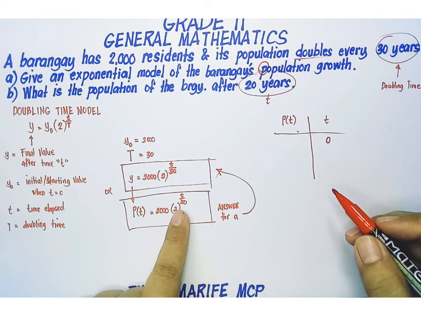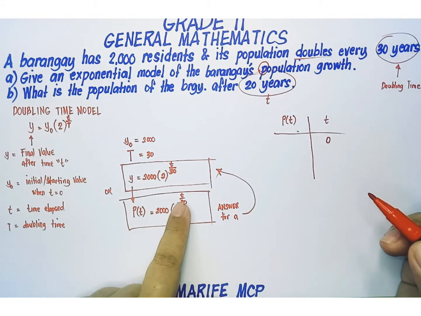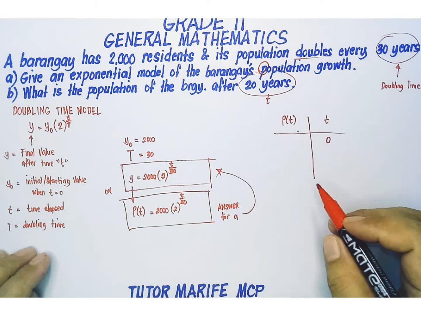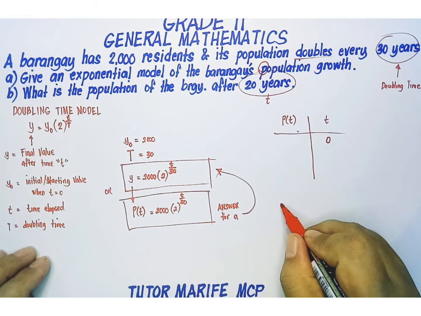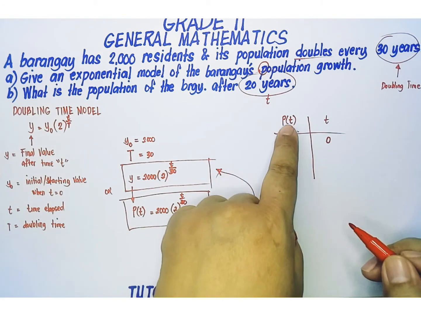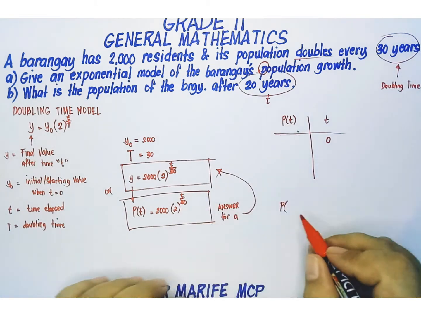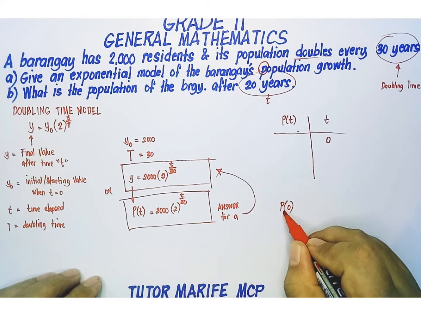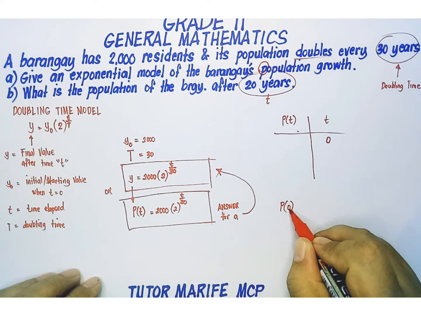So, when time is 0, replace the numerator of the exponent with 0. So your p of 0, you also replace the t inside the parenthesis with 0. This means the population when time is 0.